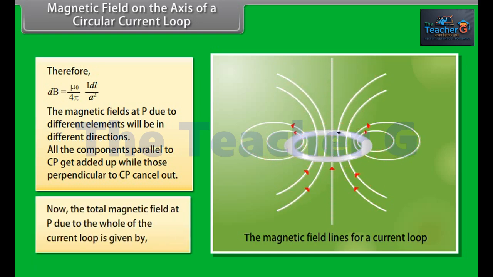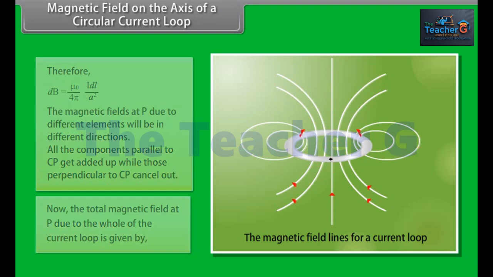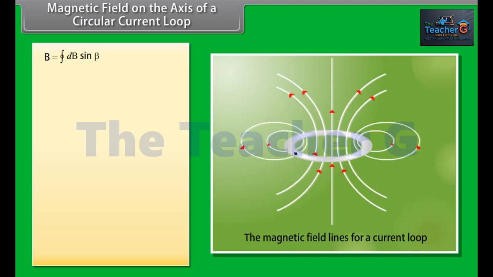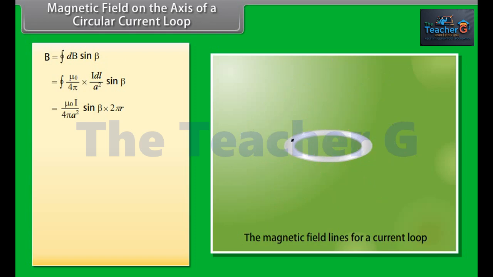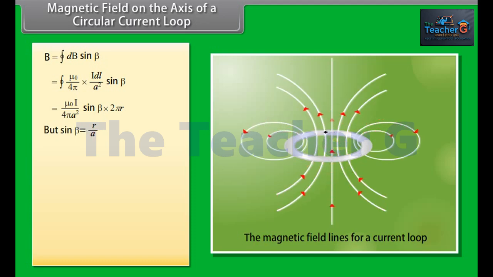Now the total magnetic field at P due to the whole of the current loop is given by closed integral of dB sine beta. By putting the values in this equation, we get a total magnetic field at P equal to mu naught I upon 4 pi a square multiplied by sine beta and 2 pi r. But sine beta is equal to r upon a.